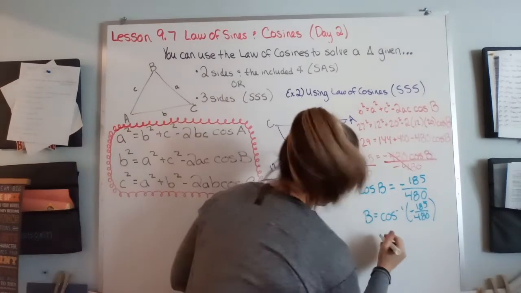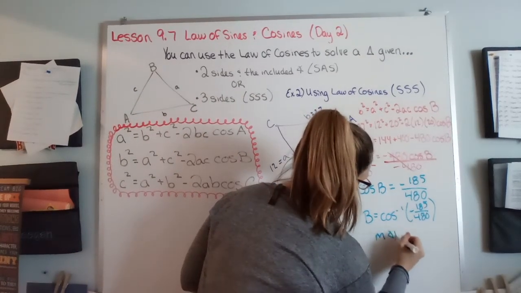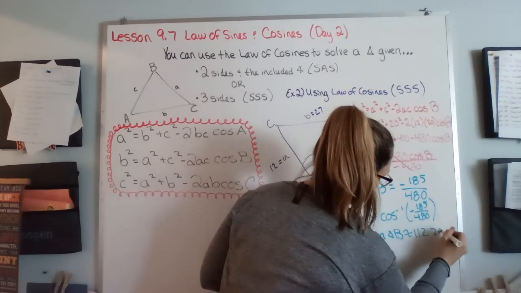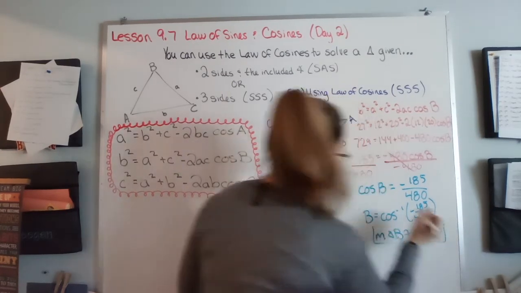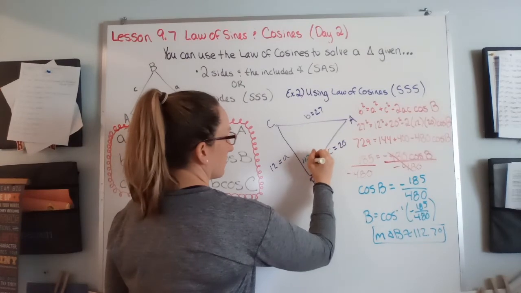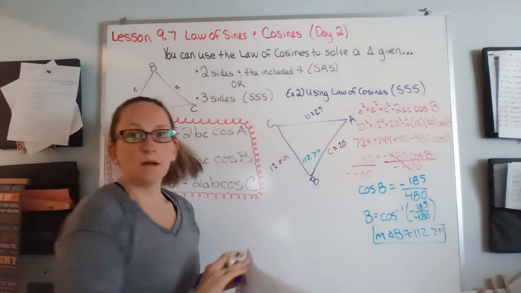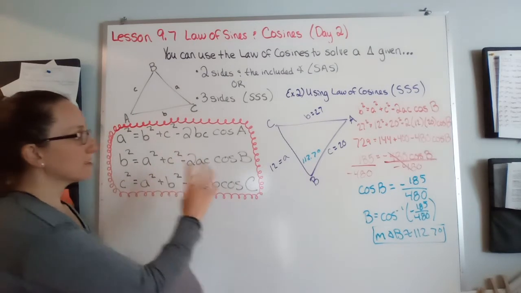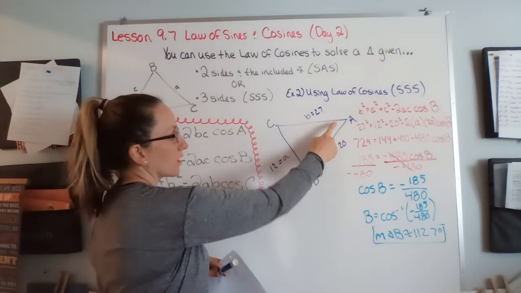So the measurement of angle B is approximately 112.7 degrees. Now, you could absolutely use another law of cosines to figure out angle C or angle A.